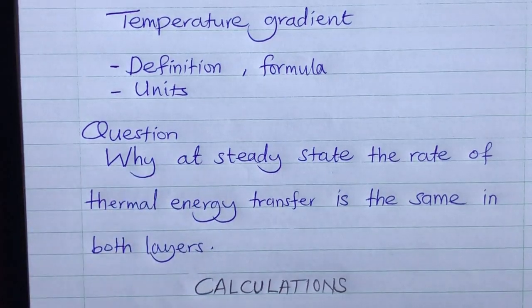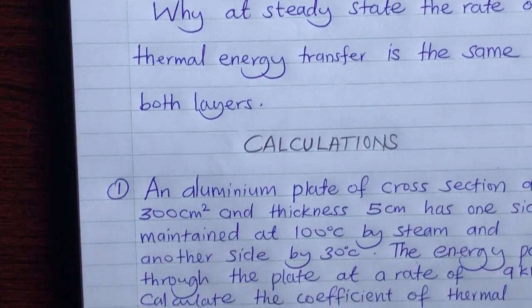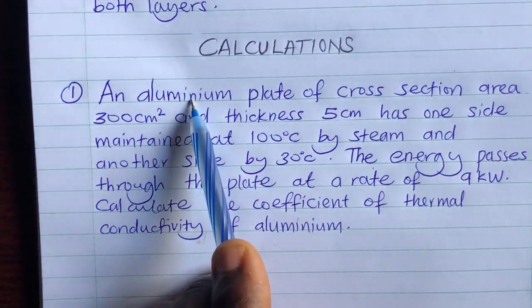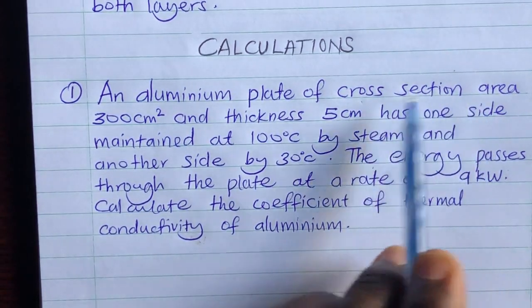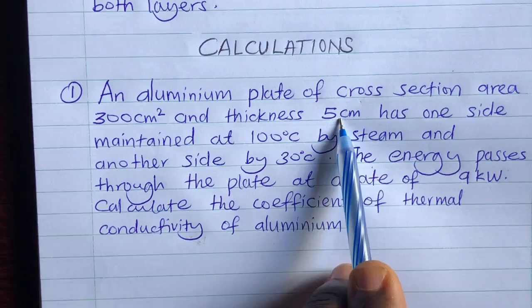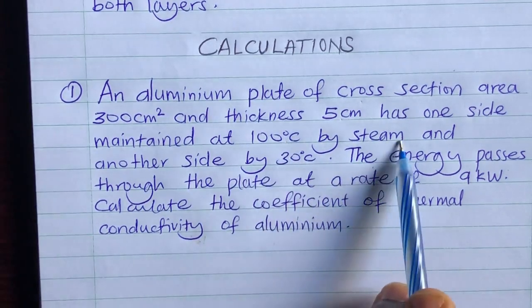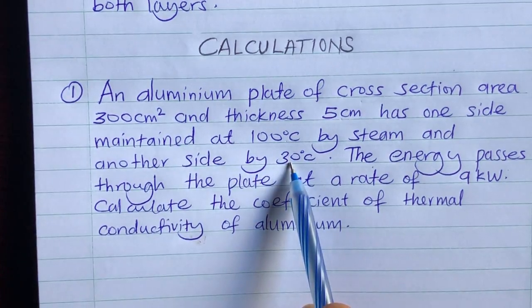Otherwise, let us look at the calculations where we use the formula for rate of heat flow. Our number one example says an aluminum plate of cross-sectional area 300 centimeters squared and a thickness of 5 centimeters has one side maintained at 100 degrees Celsius by steam and the other side at 30 degrees Celsius.